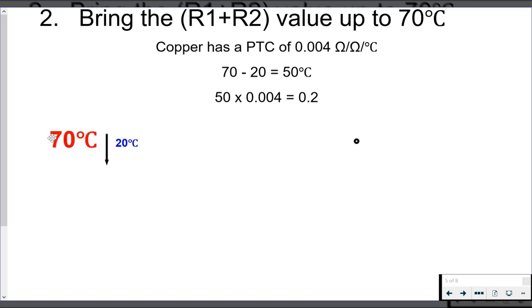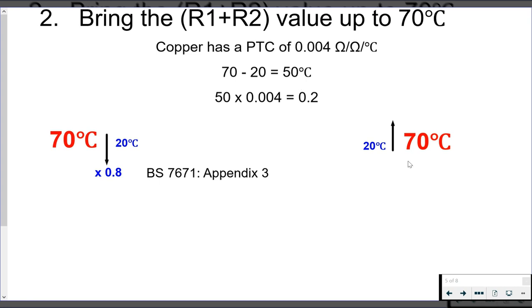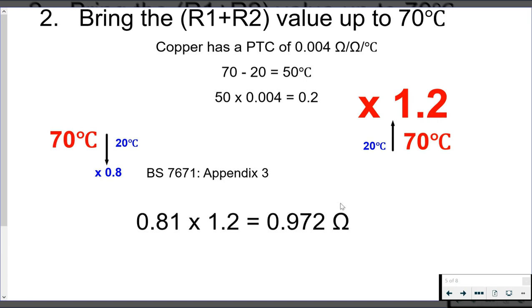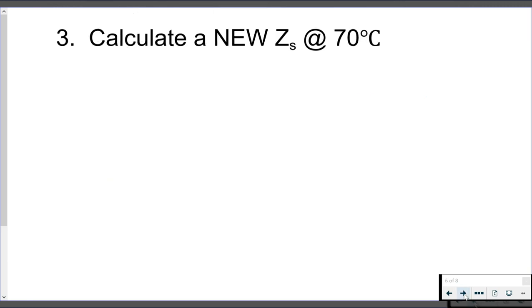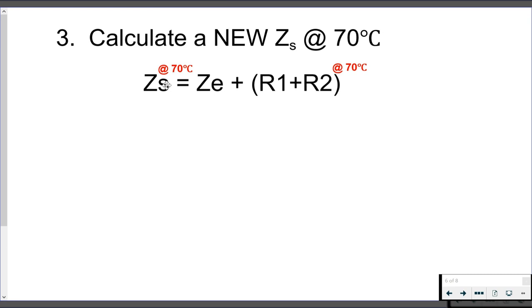Well, we've got a measured Zs of 1.18 ohms, and that is at 20 degrees C. So the first thing we have to do is extract the R1 plus R2 value from this Zs value, because both of these values are at 20 degrees C. To find our R1 plus R2 value at 20 degrees C, we take our Zs at 20 degrees C and subtract the Ze, the external earth fault loop impedance.